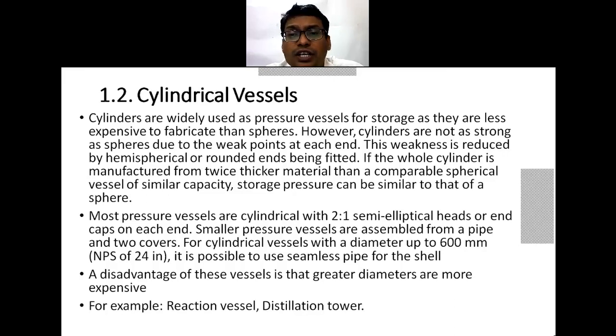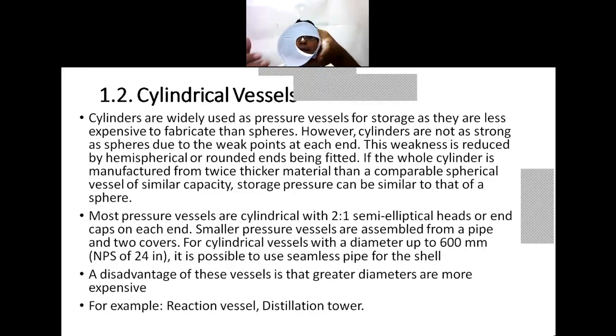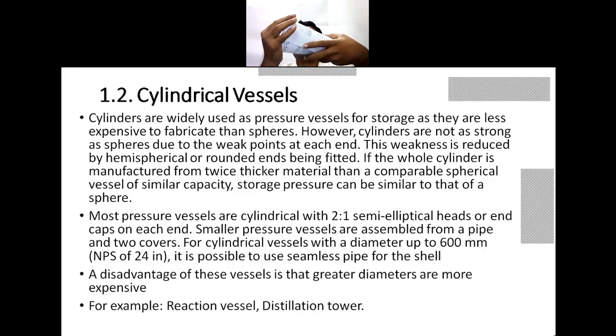However, the cylinders are not as strong as the spheres; they have half the strength of the sphere. So this weakness is reduced by the hemispherical or rounded ends being fitted. To the cylinder, I am going to attach a hemispherical, a torispherical or an elliptical shaped end curvature, that is called a head.